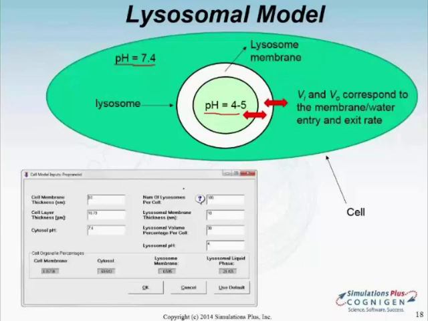And again, we do provide basic system or physiological parameters accounting for the properties of the lysosomes, for the overall cell volume of the lysosomes inside the cells, pH, and so on. For diffusion through the lysosomal membrane, we are using the same type of equations, the same rates of drug getting into and out of the membrane, as we are using for the cell membrane.